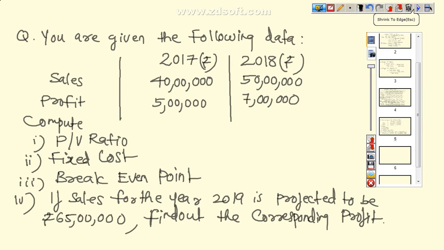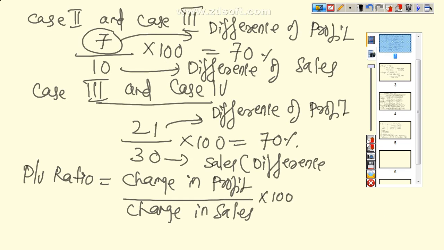Sale and profit are given. So first we have to calculate profit volume ratio. First and foremost point we have to remember: if the information is of two time periods, it may be first half and second half.